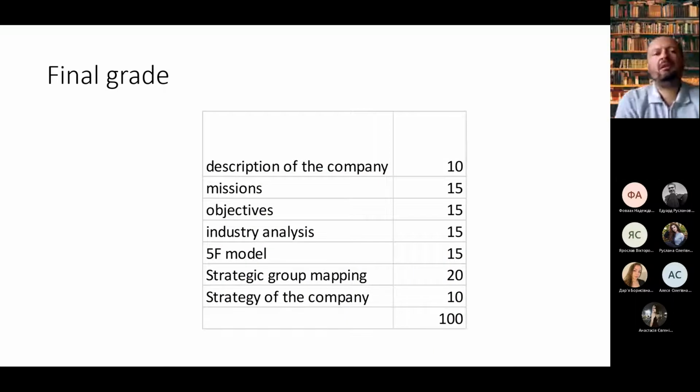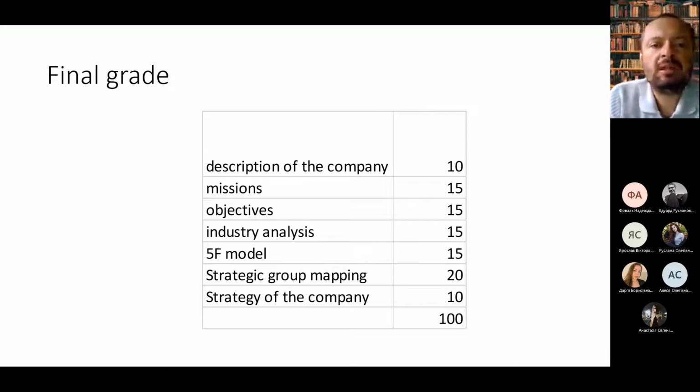And here is the grade system for the course. First of all, you will have to create the description of the company, then create missions, 3 missions, one for the company and two for two departments.